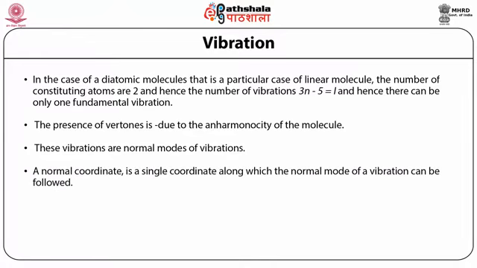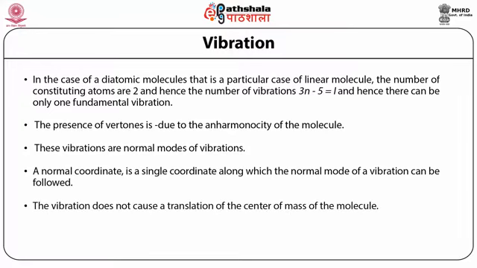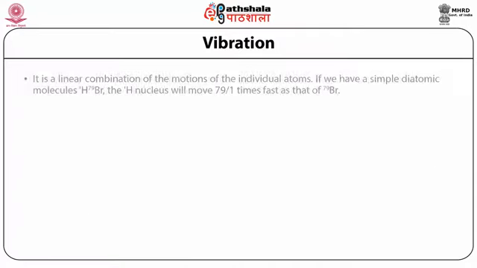A normal coordinate is a single coordinate along which the normal mode of a vibration can be followed. The vibration doesn't cause a translation of the center of mass of the molecule. It is a linear combination of the motions of the individual atoms. If we have a simple diatomic molecule, say HBr, the H nucleus will move 79 by 1 times as fast as that of 79Br.